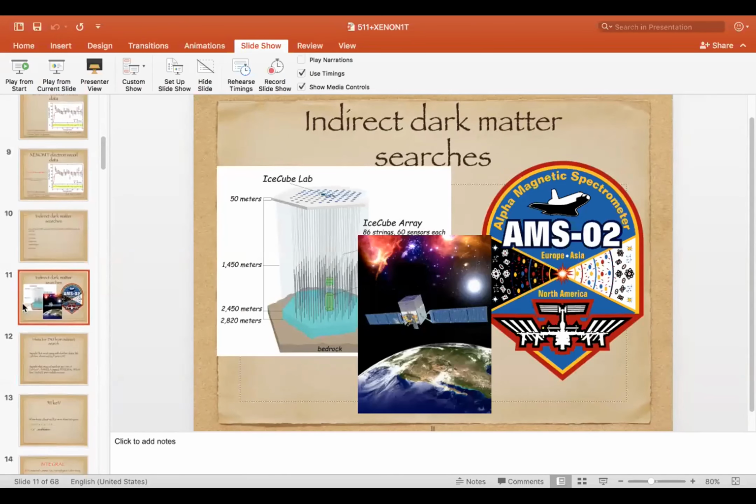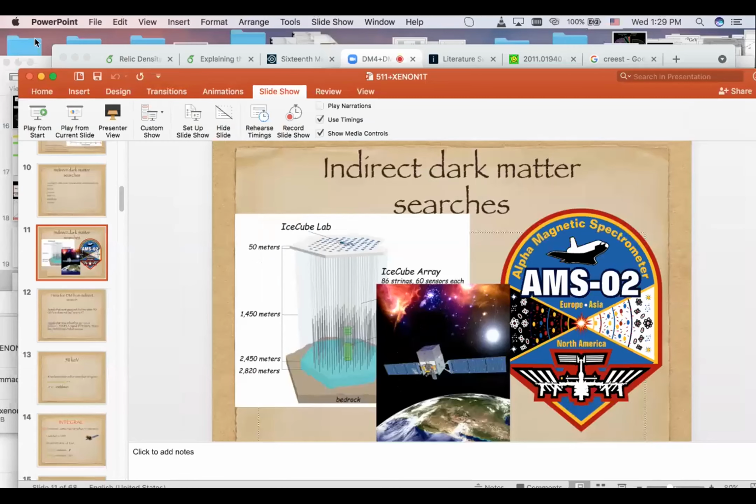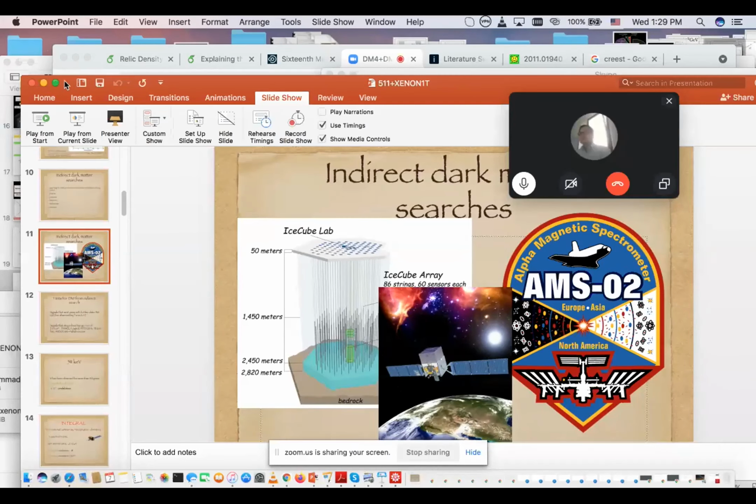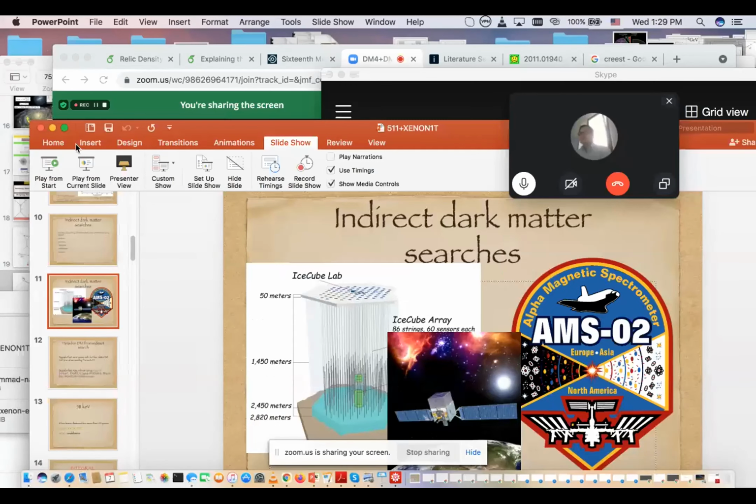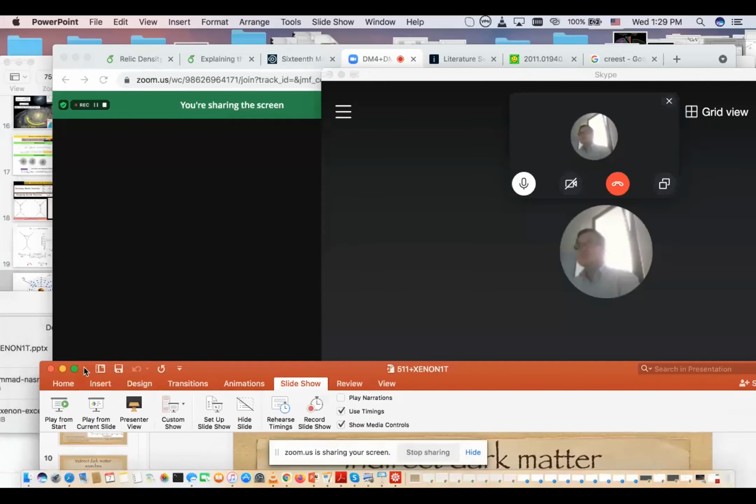There is a rich program for detection of dark matter indirectly with experiments all over the world. Every now and then, some of these indirect dark matter search experiments report some signal.